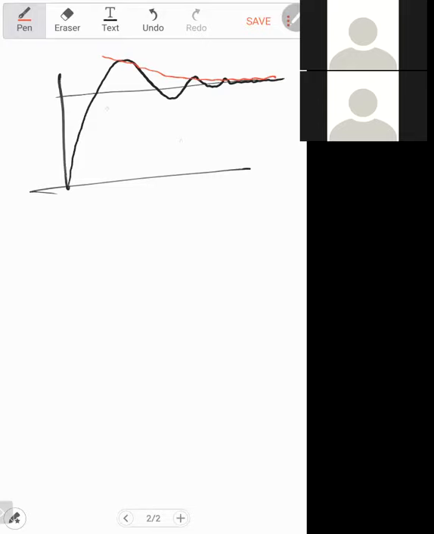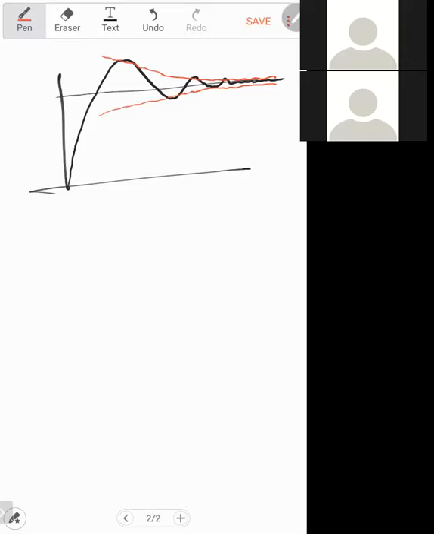The amplitude is reducing to a constant steady state value, and this is called damping. If the amplitude does not reduce and it keeps oscillating above the steady state value, then the system is an unstable system, so it has no damping.